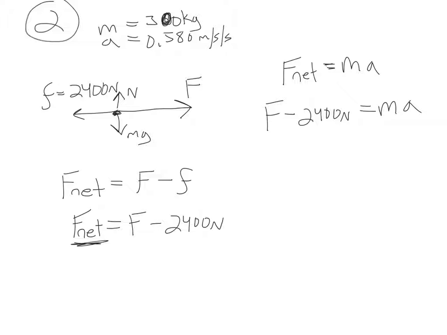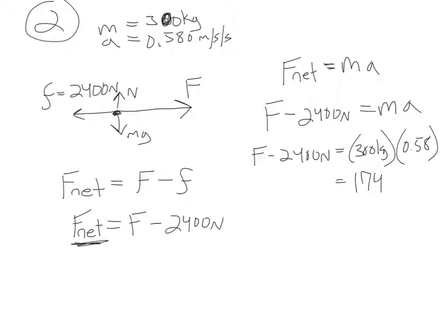mass times acceleration. So I'll plug in all the things I do know. F minus 2,400 newtons equals, the mass was 300 kilograms, and the acceleration was 0.58. And now we do some math. And that gives me 174 for the actual net force.